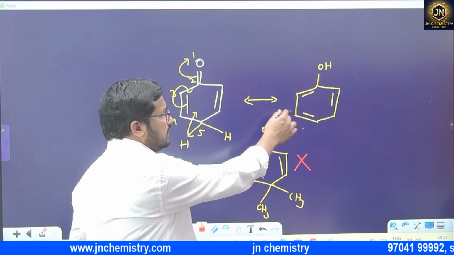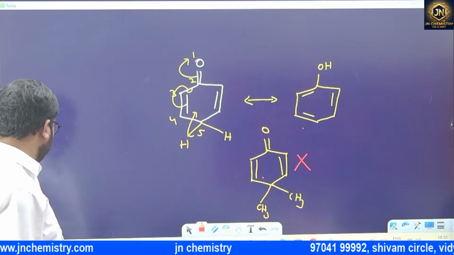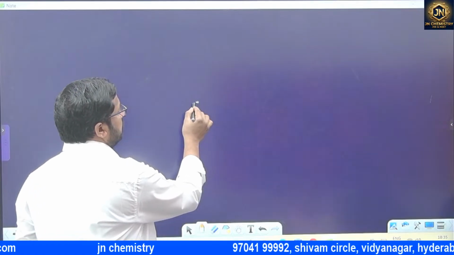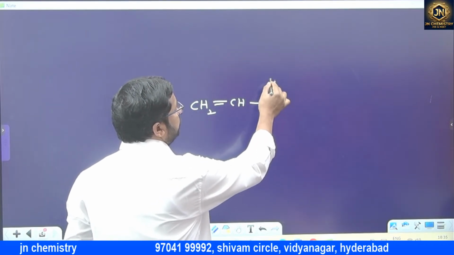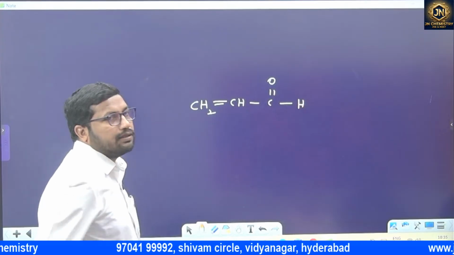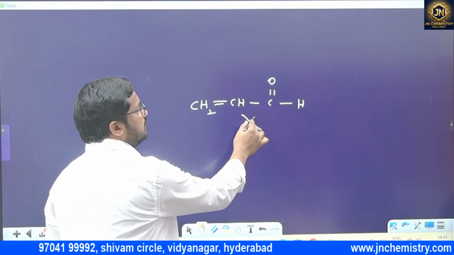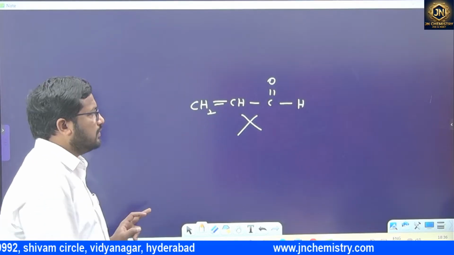This is the reason, so this won't undergo tautomerism. And which conditions for tautomerism did I tell you? For example, CH2=C, HC=O, H: in this case tautomerism is possible. In this case tautomerism is not possible because it's sp2, sp2.